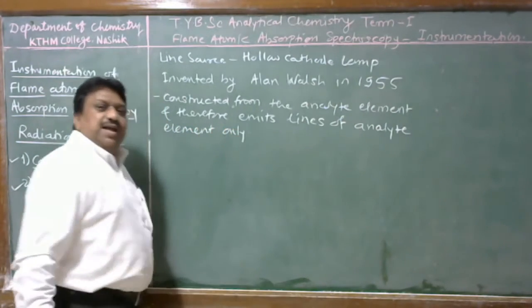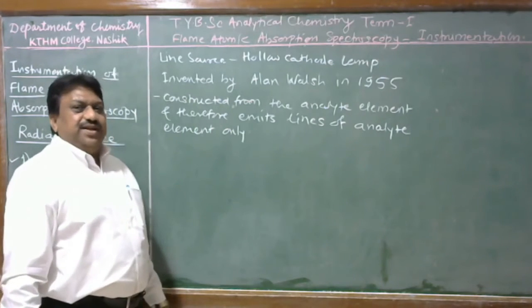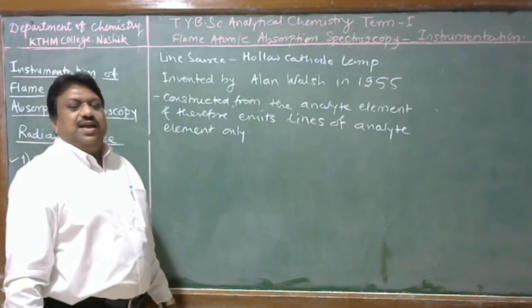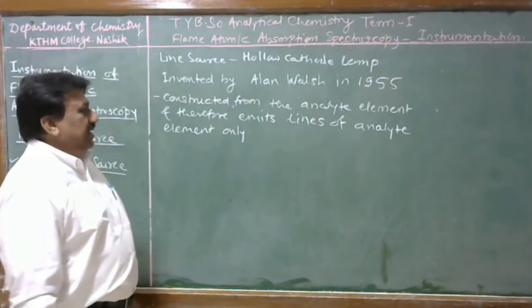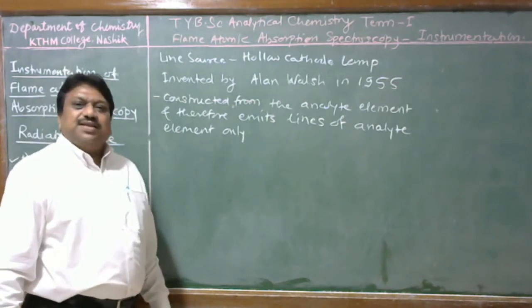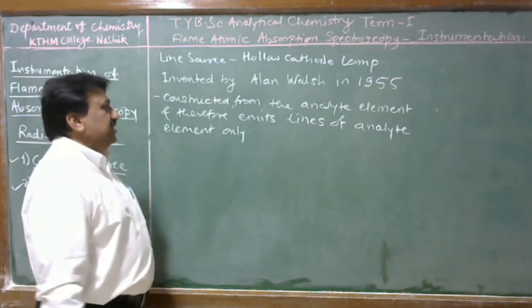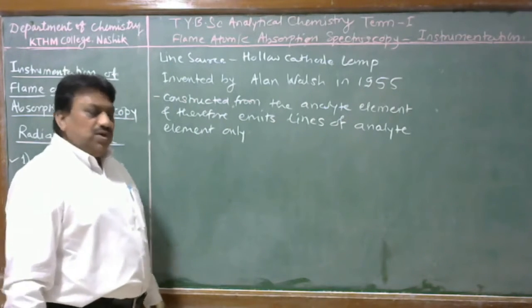Therefore, the hollow cathode lamp is constructed by using an analyte element. The cathode is made up of the analyte element. Therefore, it emits the emission lines of the analyte element only.